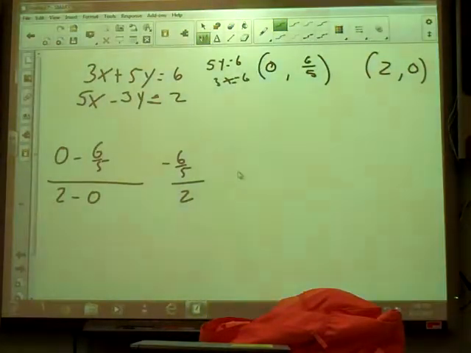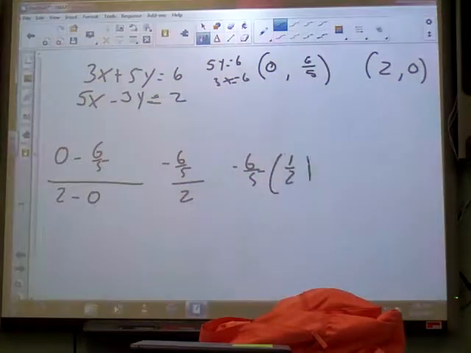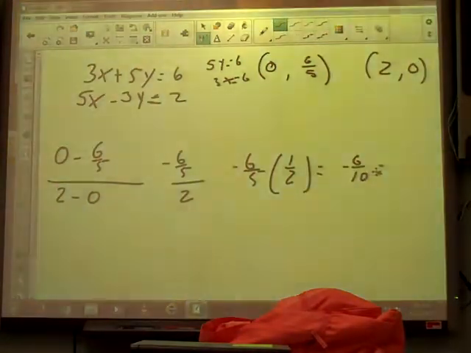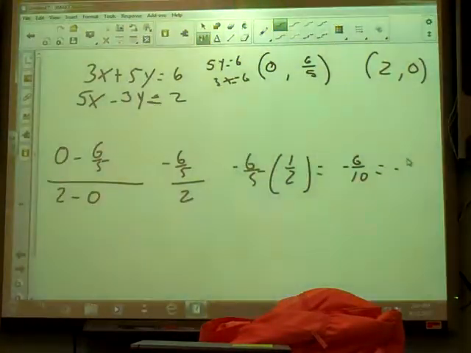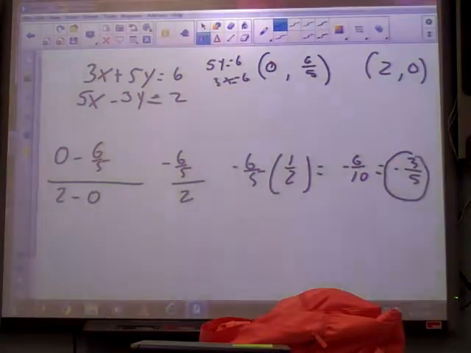So that's the same as saying negative 6/5 times 1/2, right? Which would be negative 6/10, which would be negative 3/5. So my first line has a slope of negative 3/5.